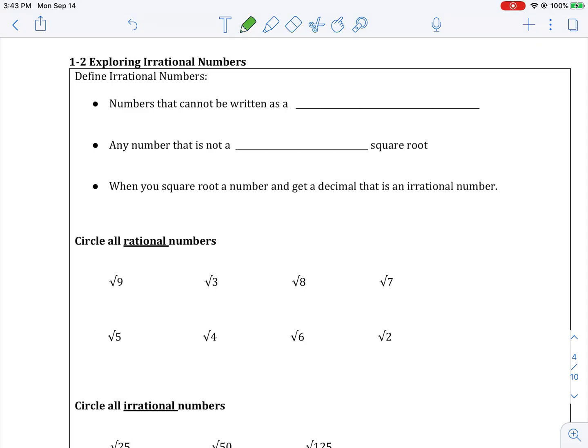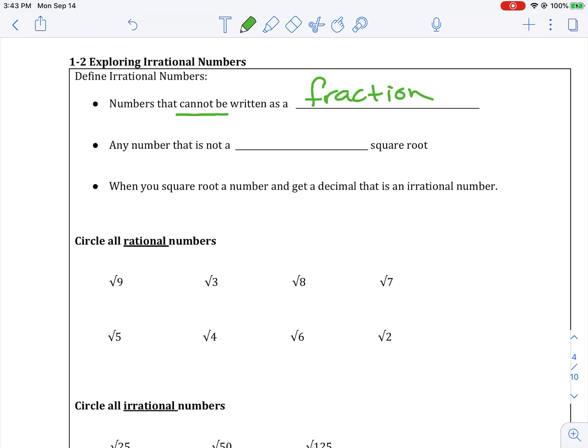Okay, in this section we are going to define and learn more about rational numbers and irrational numbers. Irrational numbers are numbers that cannot be written as a fraction.